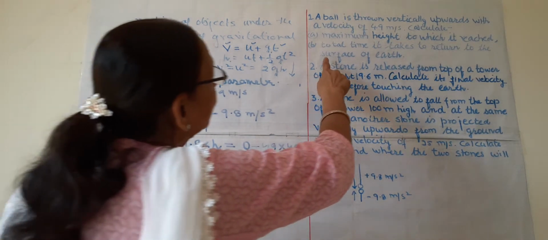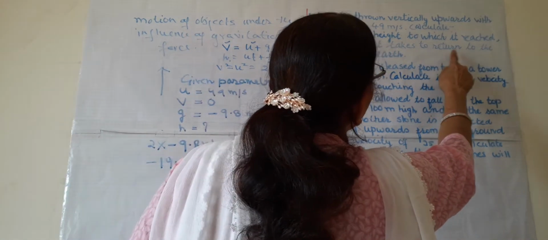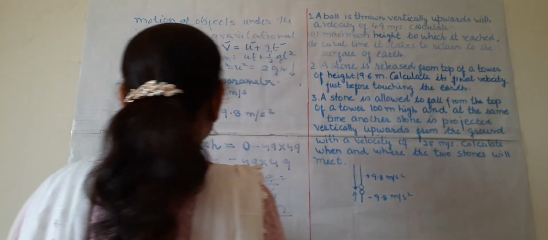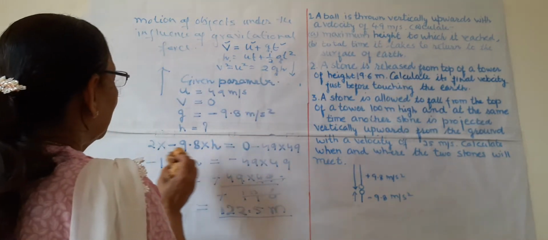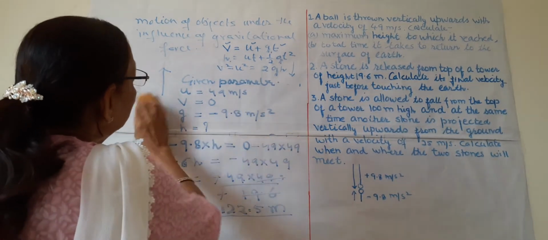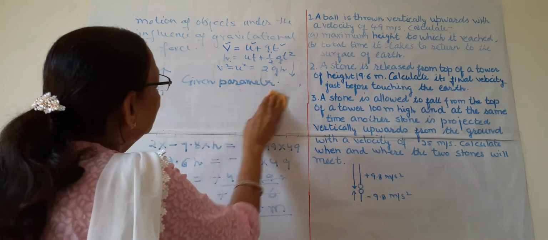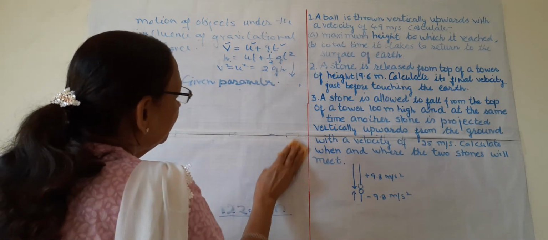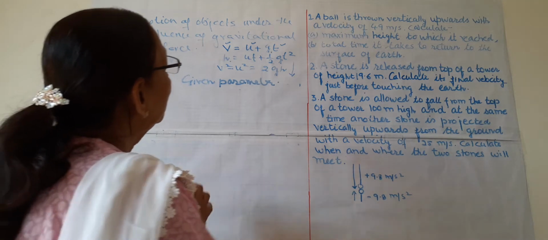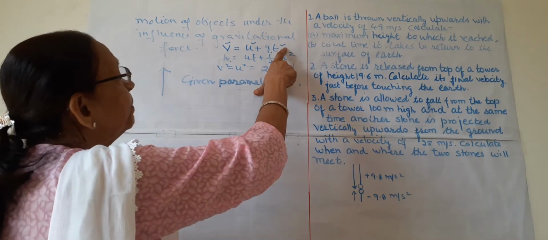Now we have to calculate the total time it takes to return to the earth. Now we will calculate time also. So for time, which equation do we have to take? We can take this simple equation.